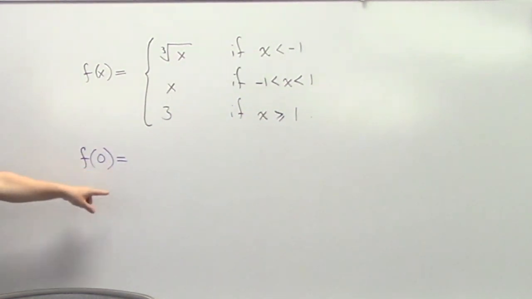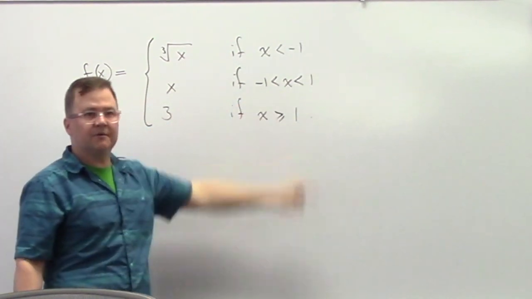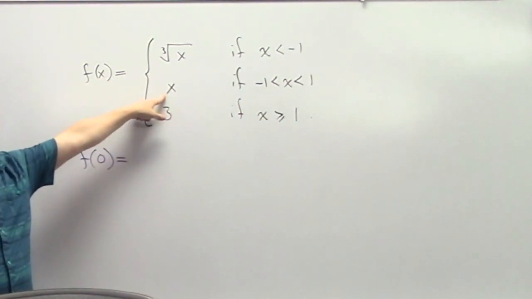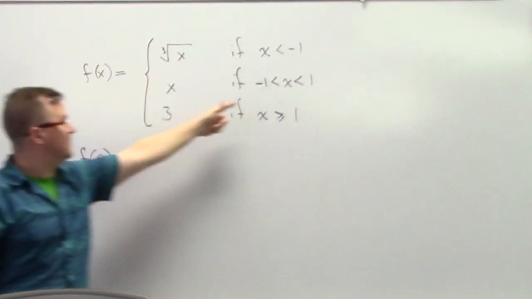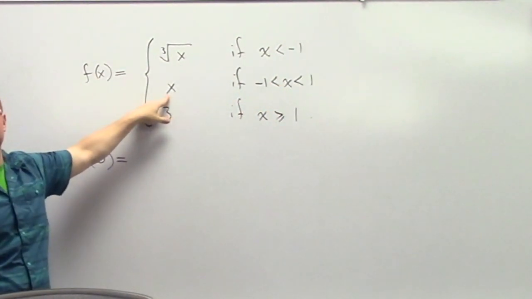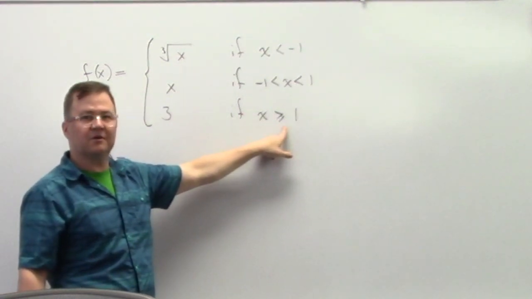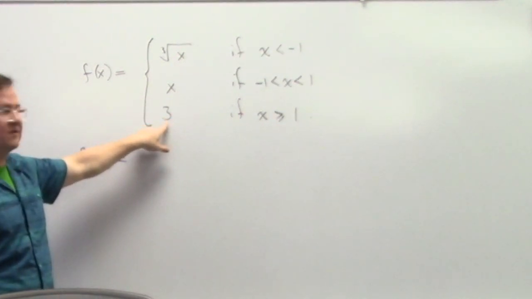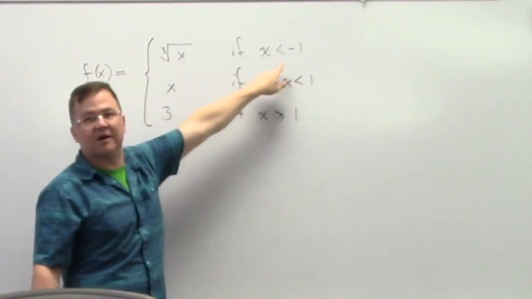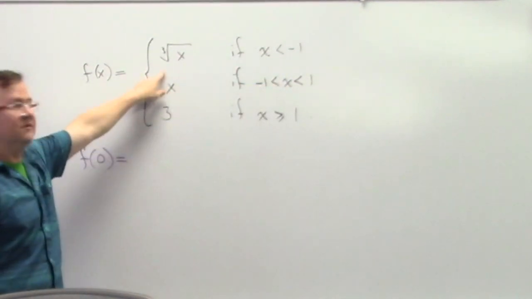If x equals 0, because 0 is between -1 and 1, these are the instructions I'm going to follow. In this range, the graph will look like the identity function. In this range, the graph will look like the constant function. And in this range, the graph will look like the cube root function.